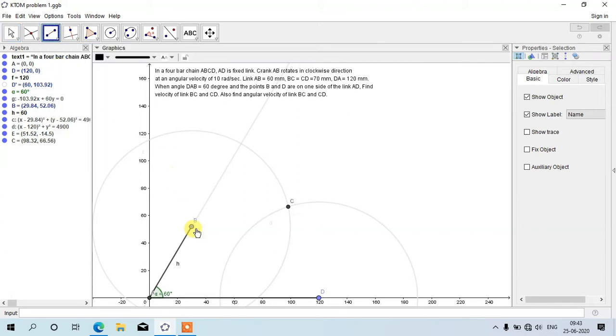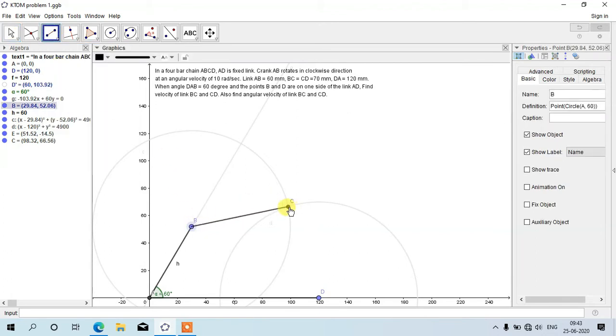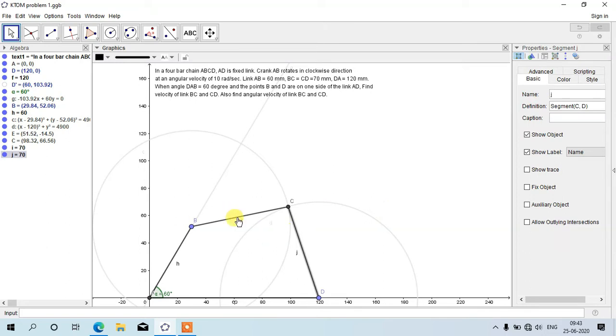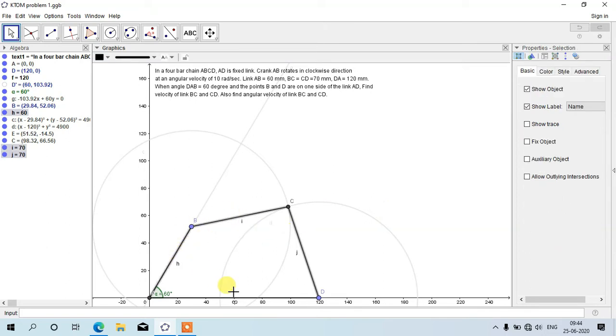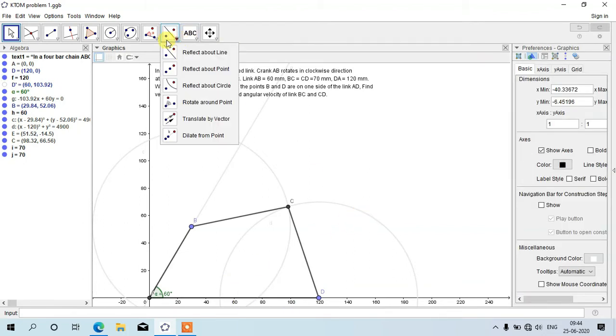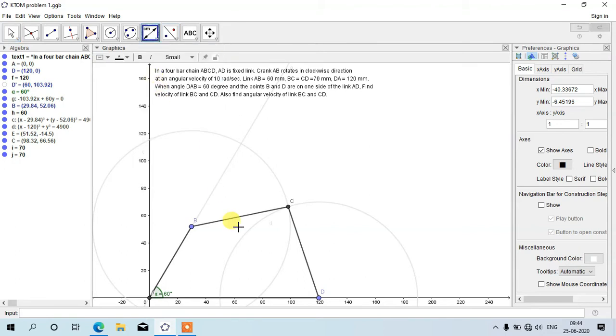So now we will draw the segments BC and CD. Let me hide the names of these links so confusion will be lower. So let's check if our lengths are correct or not. You have to verify it.